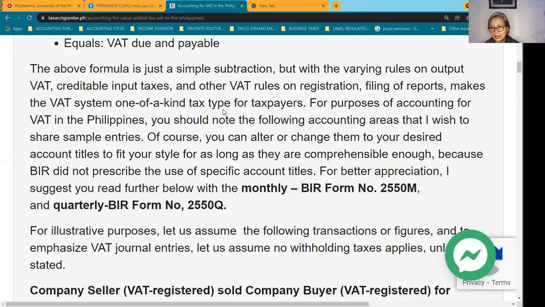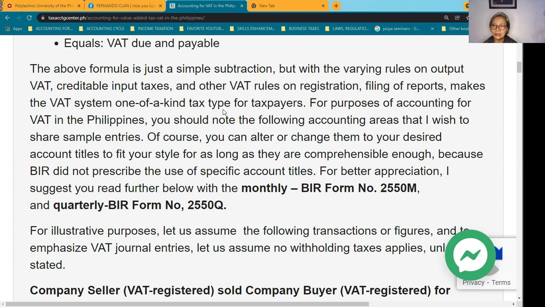So, debit mo yung output tax, credit mo yung input tax, and then the difference will be the output tax payable. Now, what if mas malaki yung input tax? Anong mangyayari? Meron kang input tax refundable or input tax creditable.